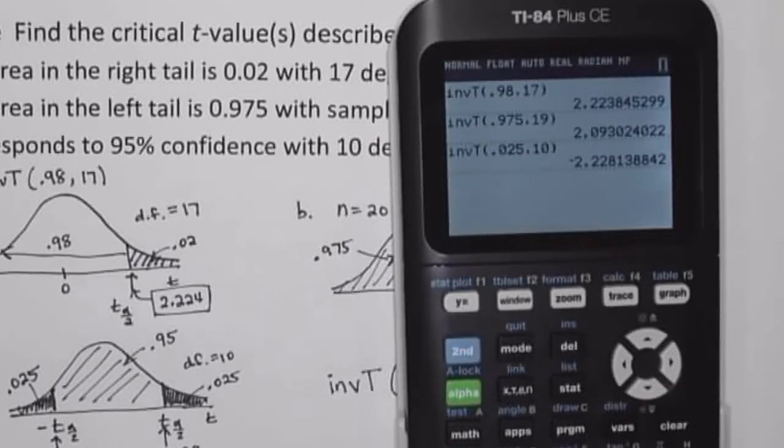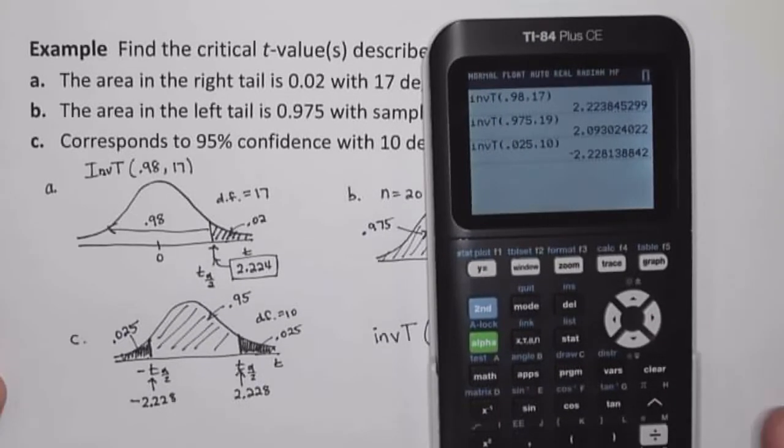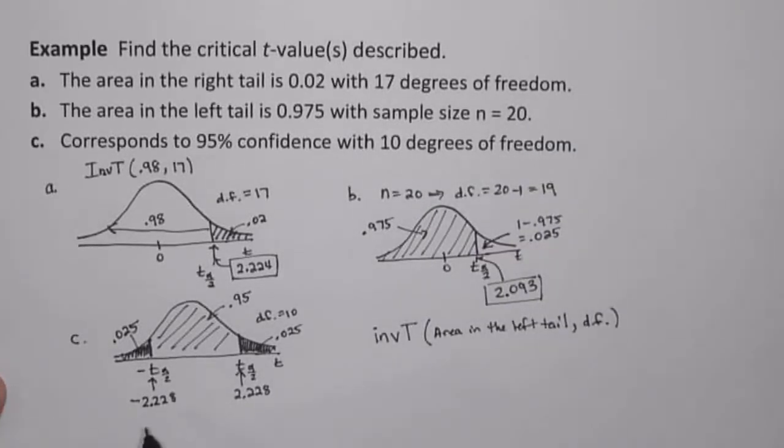And so I get negative 2.228, which is the same that we got from the table. And by symmetry, that means this one has to be positive 2.228. So again, if your calculator has that inverse t command, then you can use it.